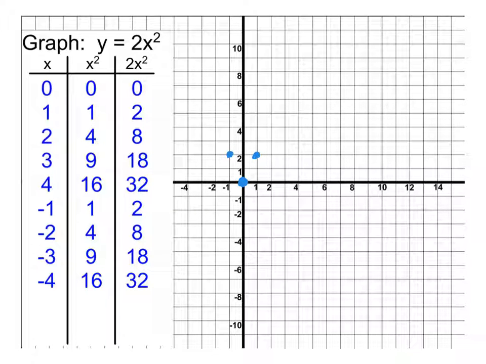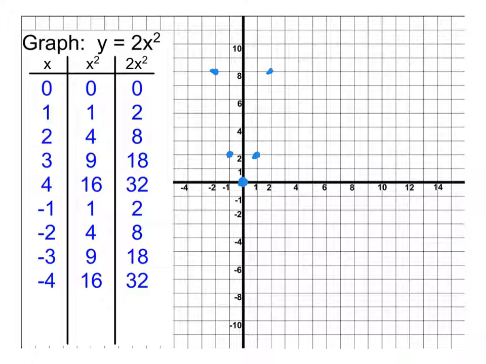All right, next up, I normally would go over 2 and up 4. I'm not going to do that though, notice. Instead of over 2 up 4, I'm going to go over 2 and up 8. That is, I'm going up twice as far as I normally would. And notice how I keep describing it there? That's the way that you end up doing this as you plot these points without having to make a whole table.